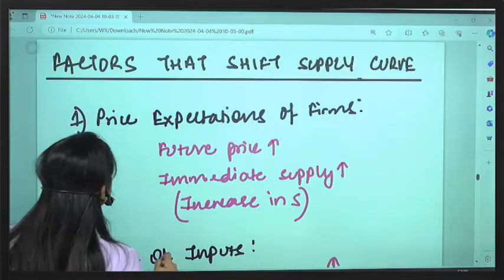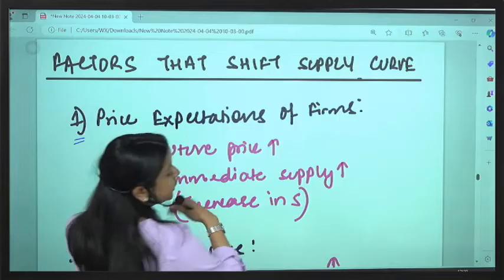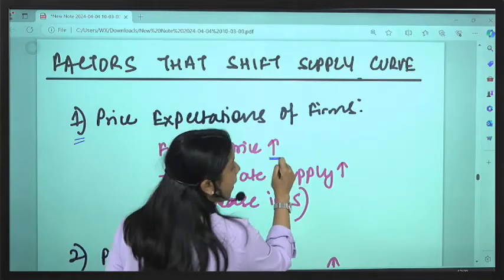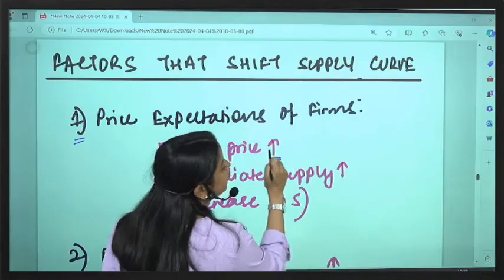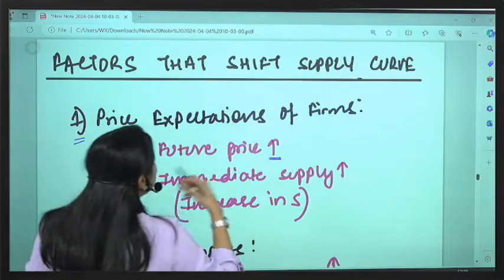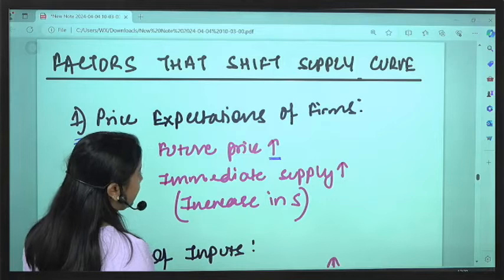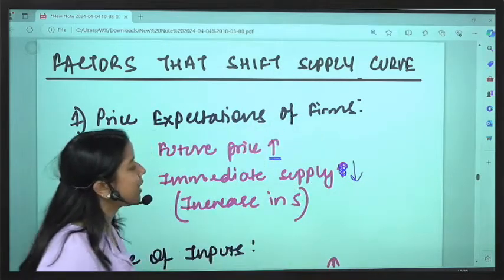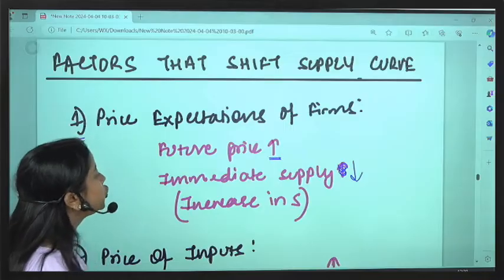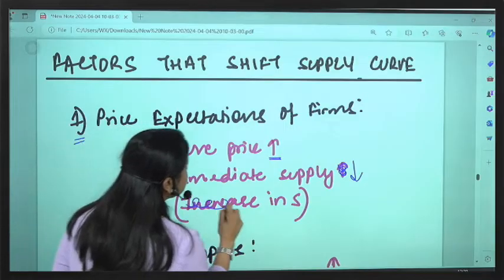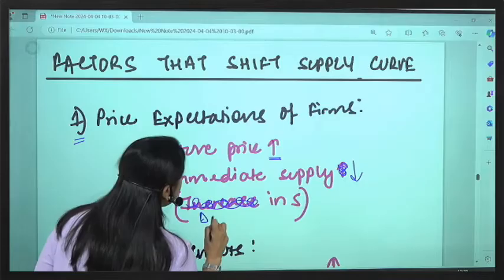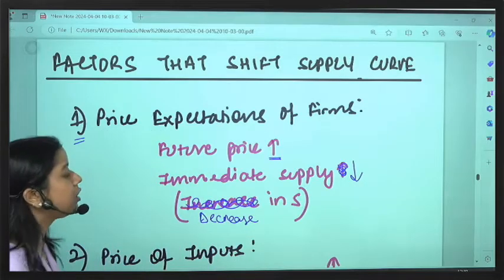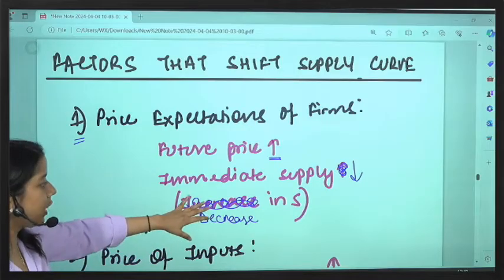Now this is the opposite case which I have written: if I expect that the future price will go up, my immediate supply should go down, meaning there is a decrease in supply.